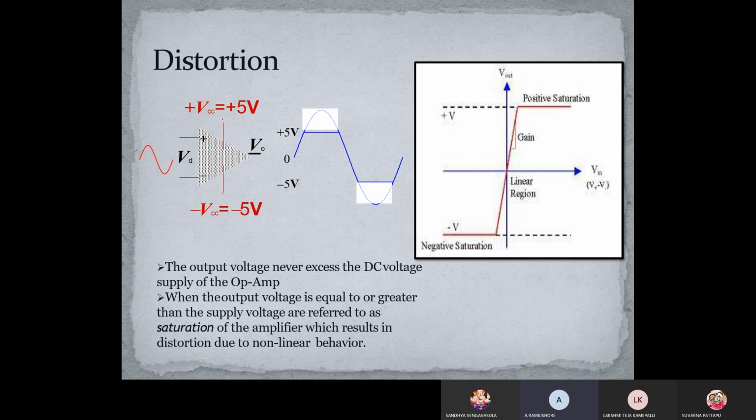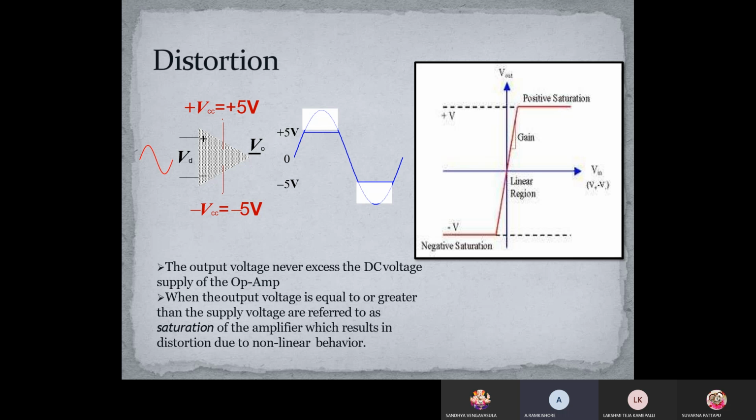Next, distortion. We have the positive saturation value and the negative saturation value. The gain will be increasing in the linear region. Whenever it crosses the cut-in voltage, it enters into saturation, that is VCC equal to plus 5 volts and VCC equal to minus voltage.